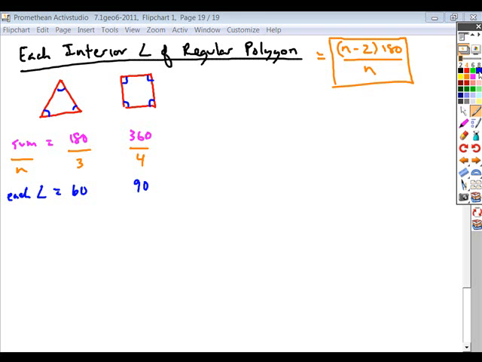So if I wanted you to find each interior angle for a 23-sided polygon, okay, what would be each interior angle for that? See if you can calculate that here just really quickly. So you got 164.35.